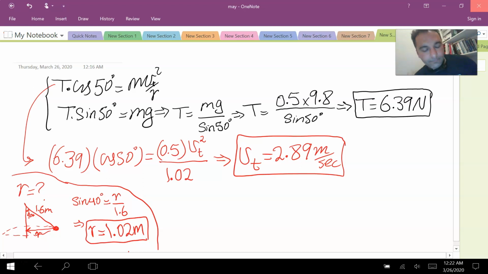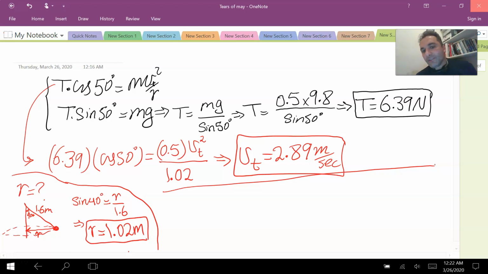This is the tangent velocity. I think this is part B. We found tension, part A. Then it says find tangent velocity. Okay, we did it. Now part C.